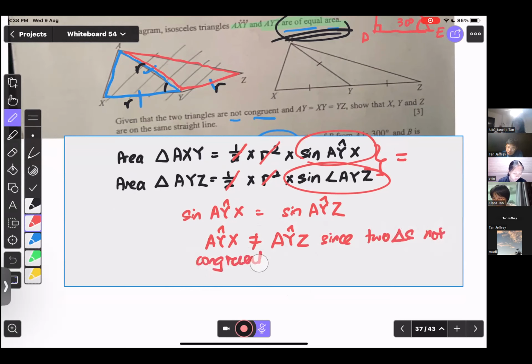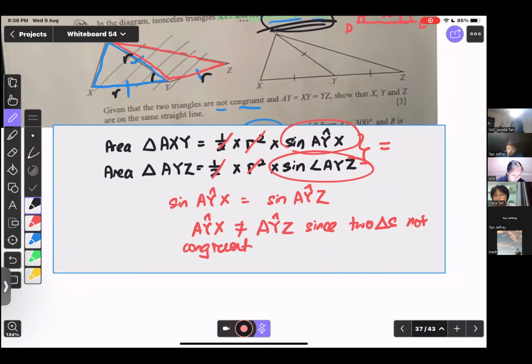So what does it tell me? When two sine ratios are equal, if the angles are not equal, then they are supplementary, because sine is positive in the first and second quadrant. So this angle AYZ is probably going to be 180 minus AYX.